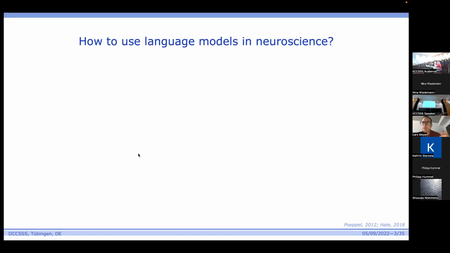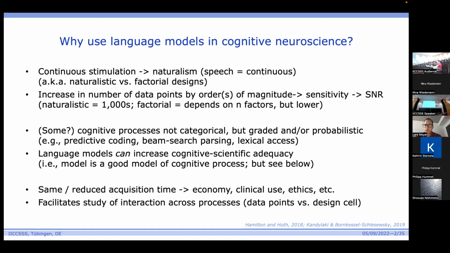So that's all the benefits of this. I'm not saying that this is the non plus ultra in every particular study. There can be good reasons for using certain factorial designs. Say you have an MMN design or classical N400 design with a clearly circumscribed search space, and you know which electrode your result is appearing at.